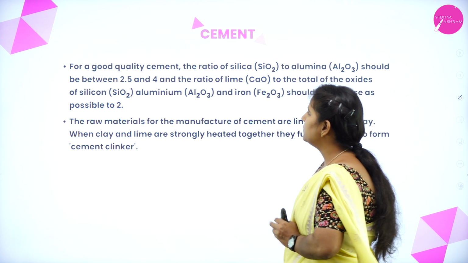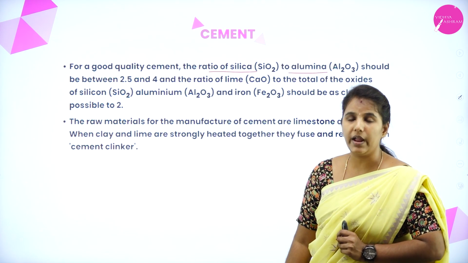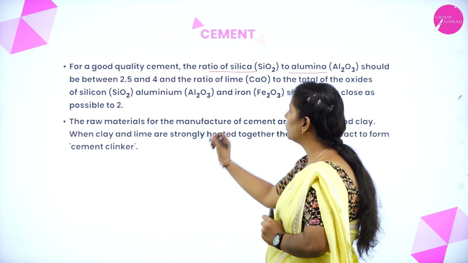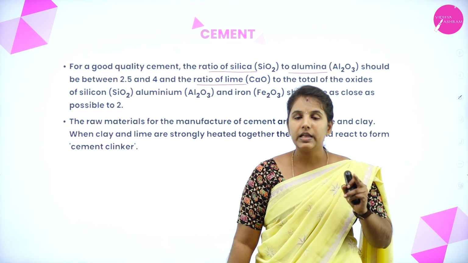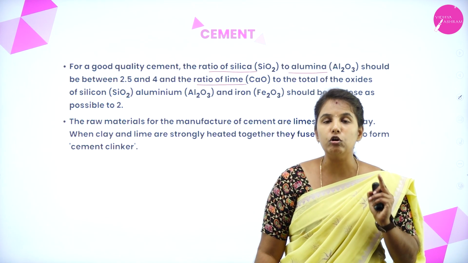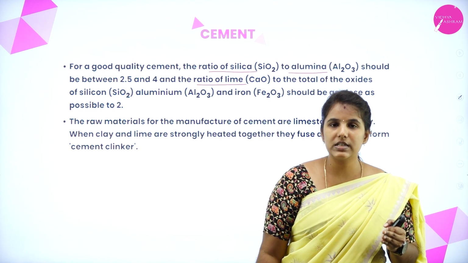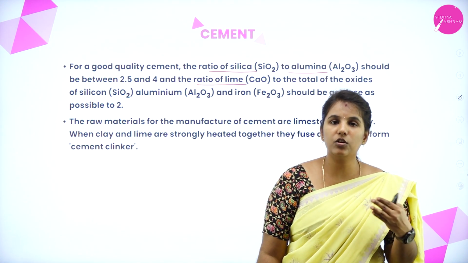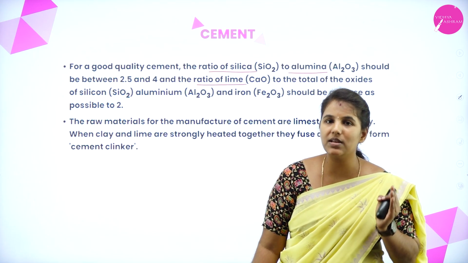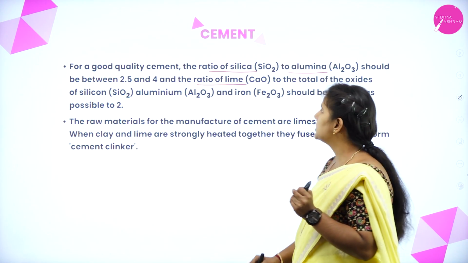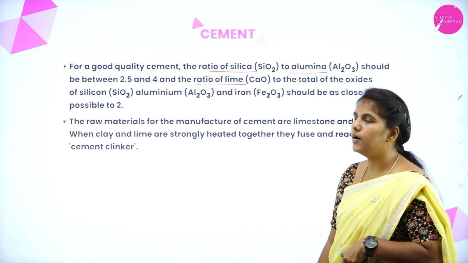For good quality cement, the ratio of silica to alumina should be between 2.5 and 4. Remember, if construction is done with low quality cement, the construction will begin to fail. That is why people go with good quality cement, which must have a silica to alumina, that is aluminium oxide, ratio of 2.5.